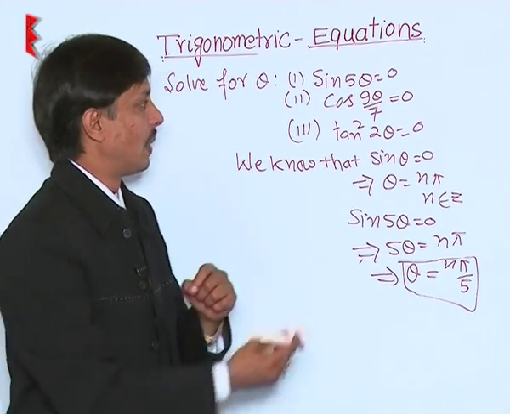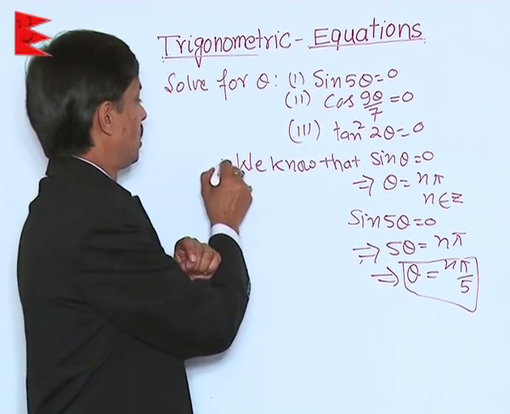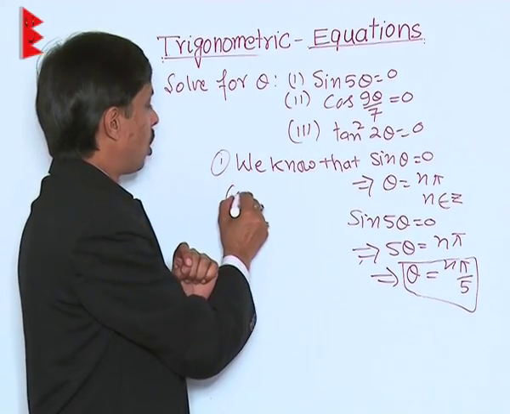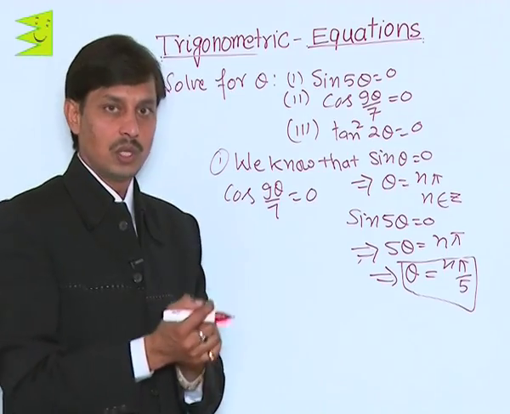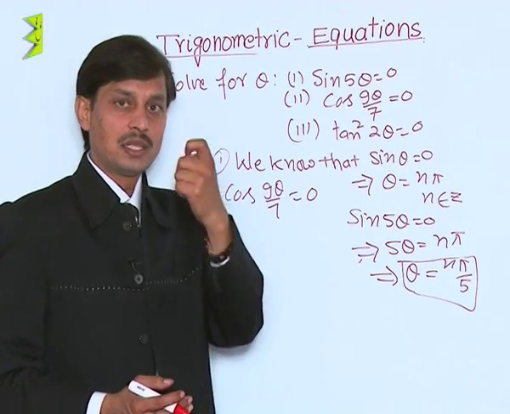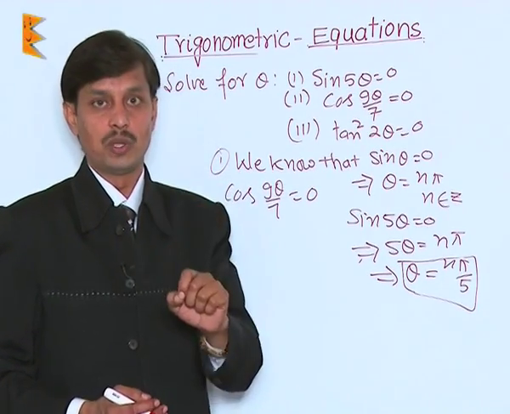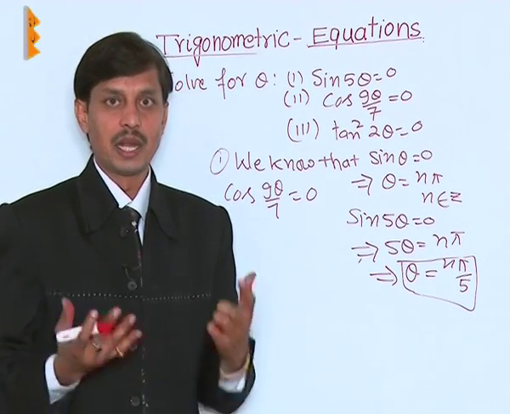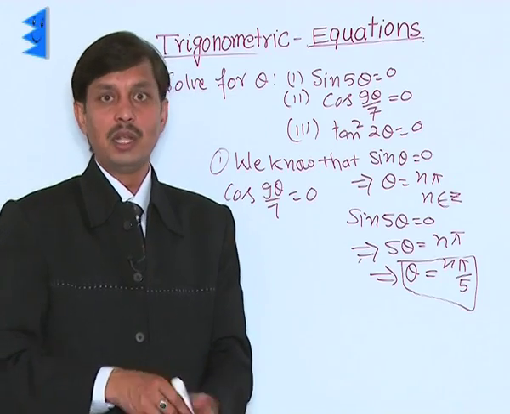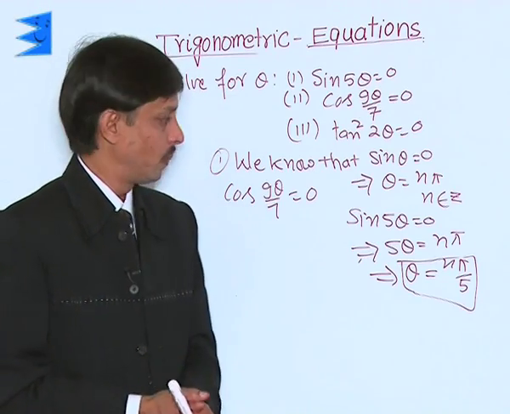If we take the second part, that is cos of 9 theta by 7 is equal to 0. We know that the general solution of cos theta equal to 0 is theta is equal to (2n plus 1) pi by 2, that is, odd integral multiples of pi by 2.